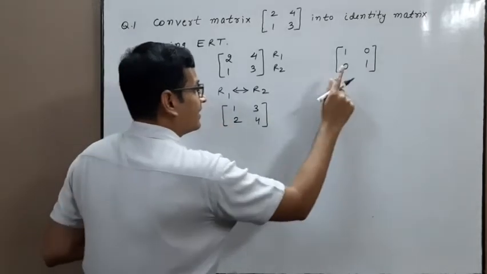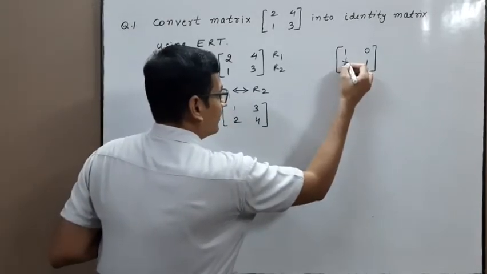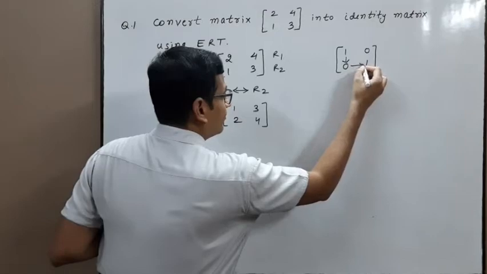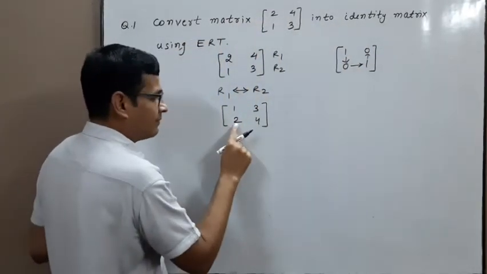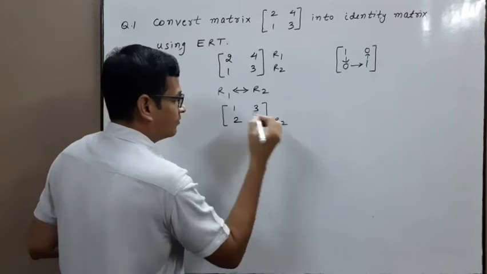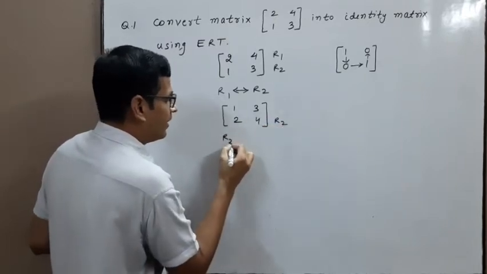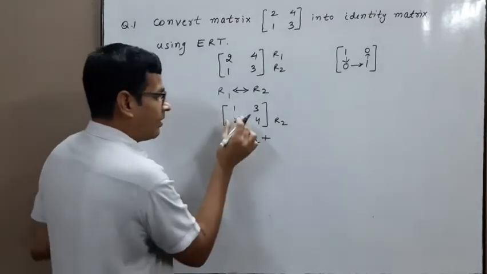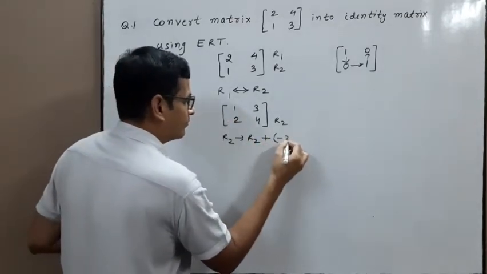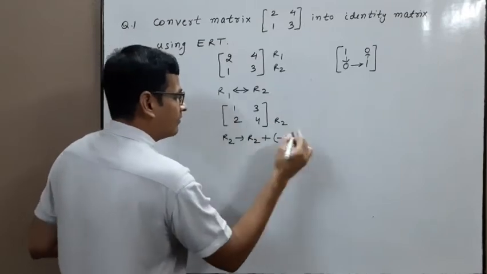Now second step: first 1, then 0, then 1 and then 0 in this way. We want 0 at that place. This is R2. So apply R2 tends to R2 plus opposite sign of 2 into R1.